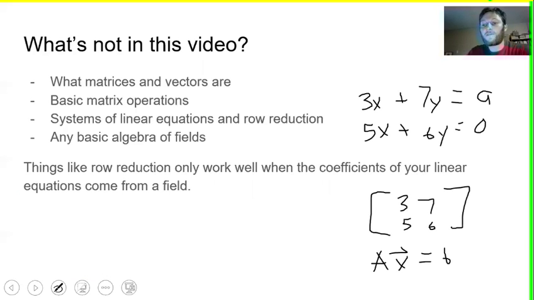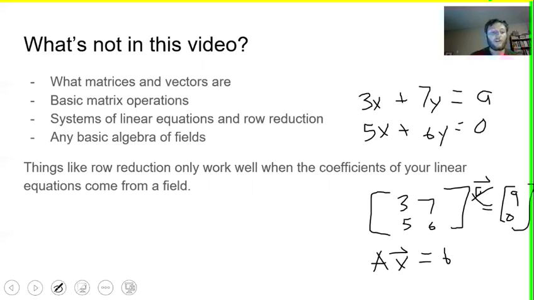And then you've used something like Gaussian elimination to solve this system of linear equations with an augmented matrix or something. You'll find when you try to solve systems of linear equations with matrices, it matters what number system you work over, right?